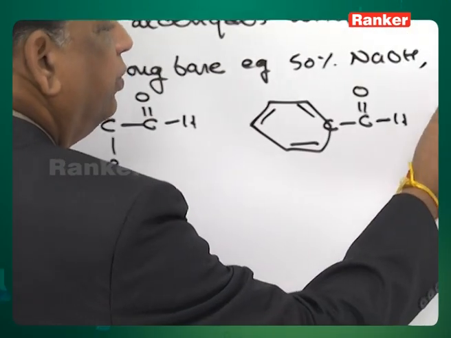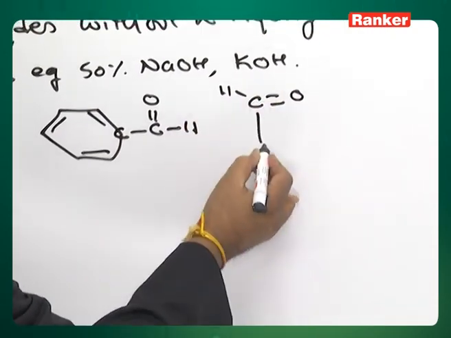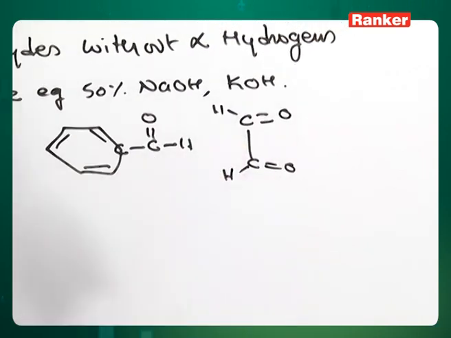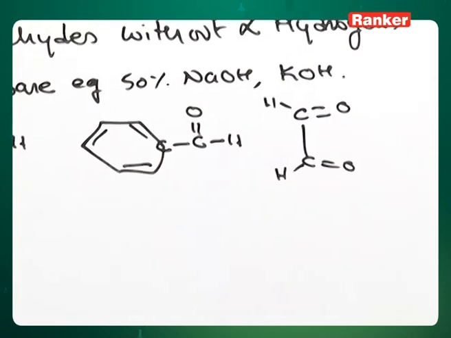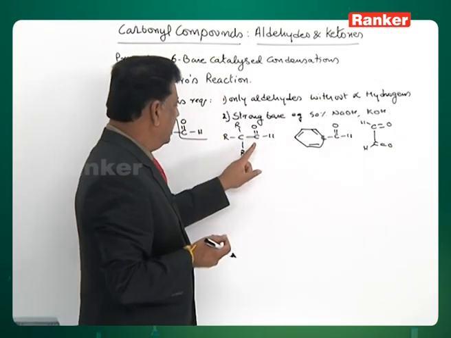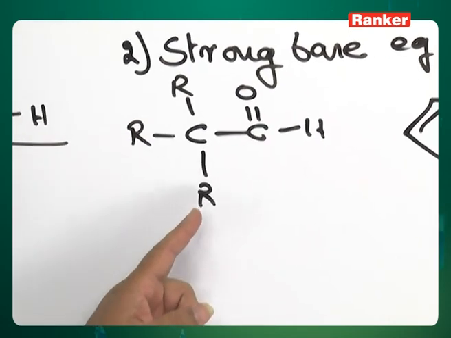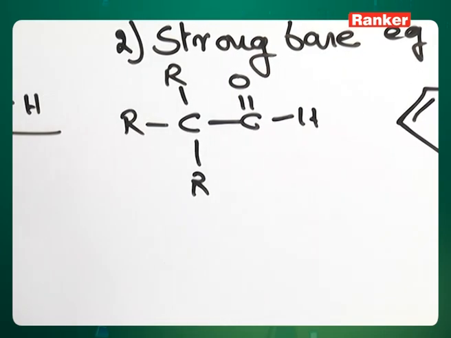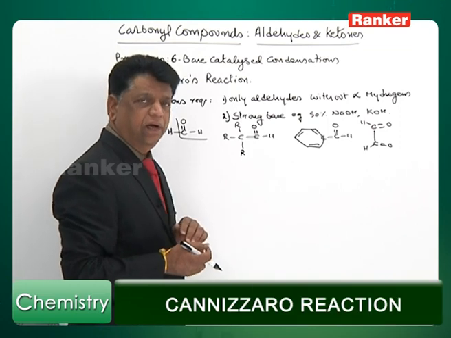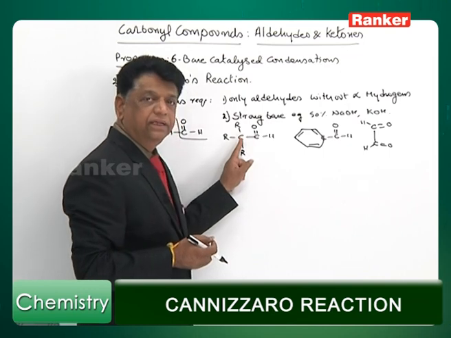In some cases, you can take a carbonyl, that is an aldehyde, and one more aldehyde. In fact, this carbon is alpha to this one, but the concept of alpha is not by position, it is by function. Actually, the alpha carbon possessing the hydrogen can show hyperconjugation and participate in the aldol condensation. That is, the hyperconjugable hydrogen is required for the aldol condensation, for which this carbon should be saturated.